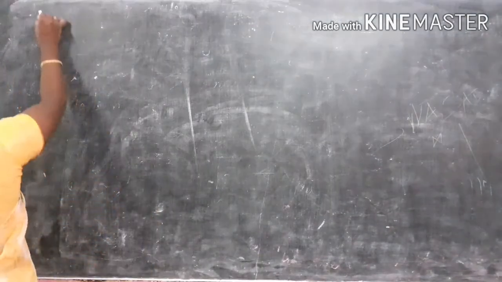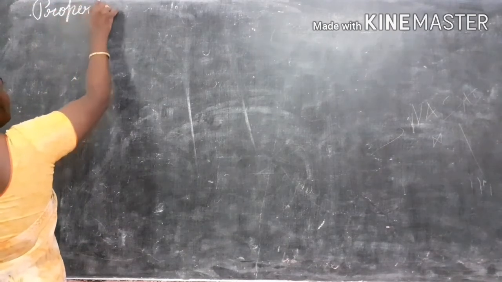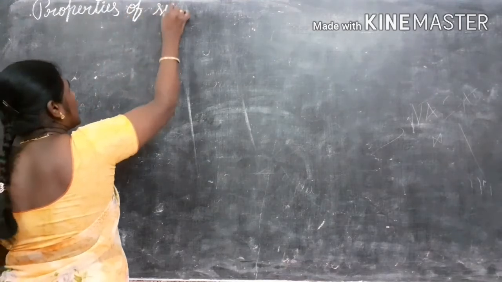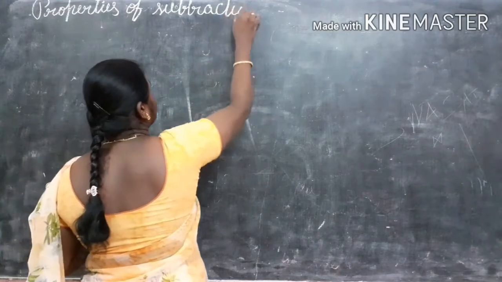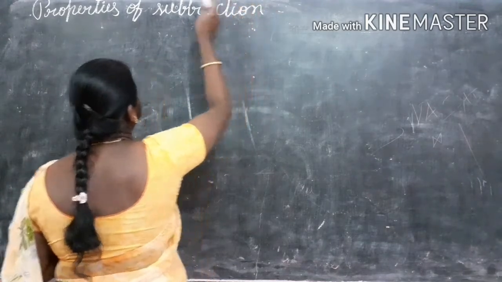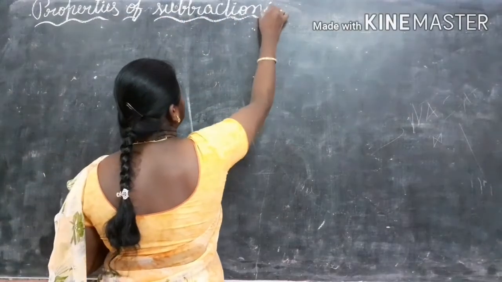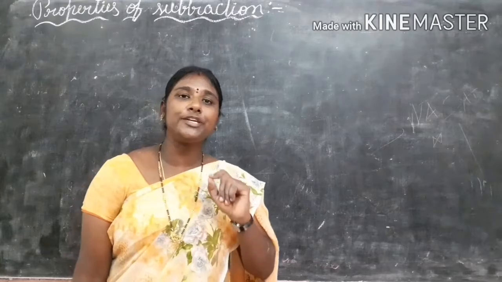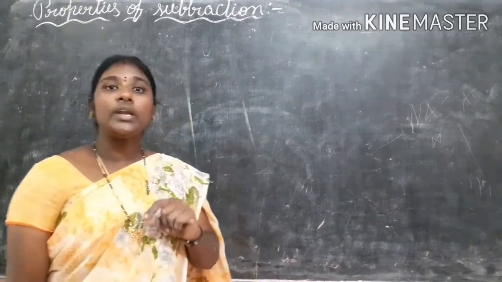Our next topic is properties of subtraction. The first one is: when 0 is subtracted from a number, the difference is the number itself.